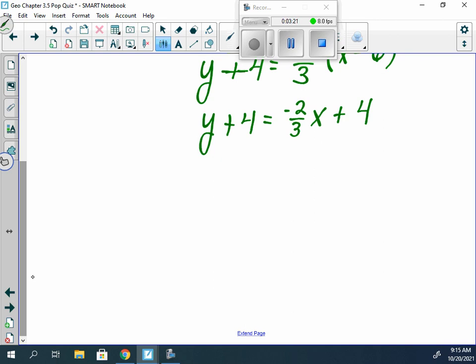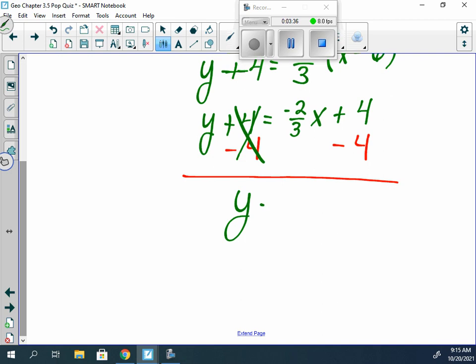Well, do we have y by itself? No. What do we need to do? Over here, 4 minus 4 is 0, leaving us with just y equals negative 2/3 x.